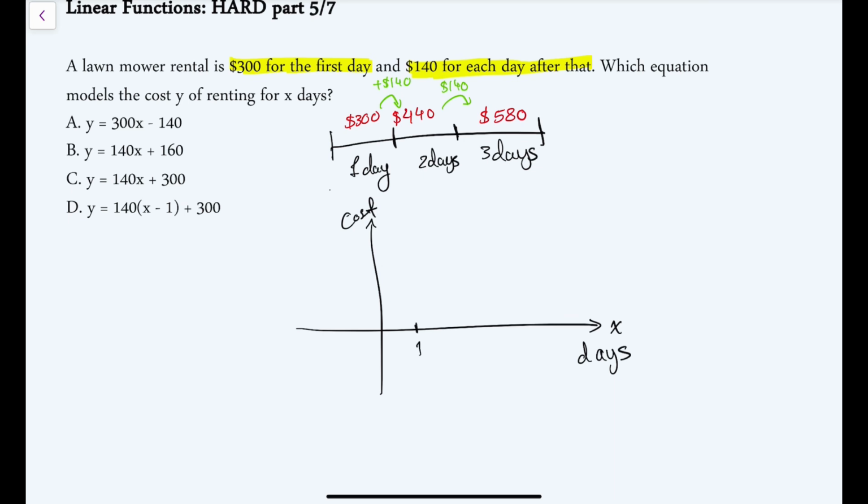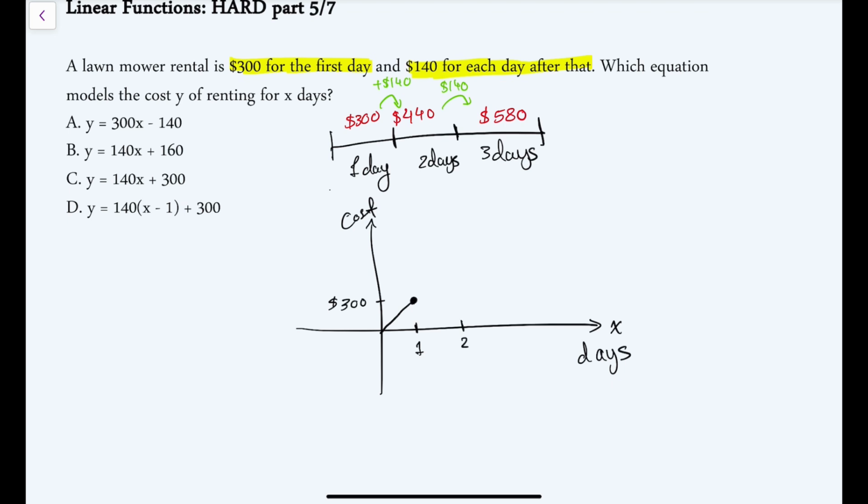When 1 day passes, it's $300. Obviously, when it's 0 days, it's 0 because they haven't rented any lawnmowers.